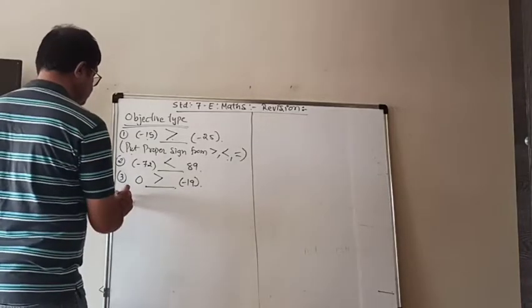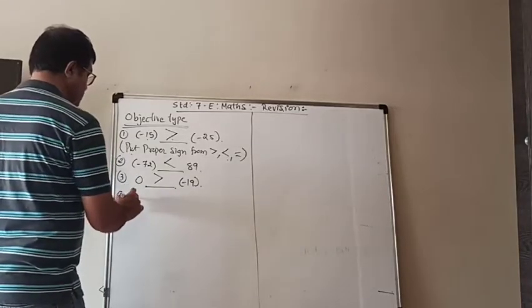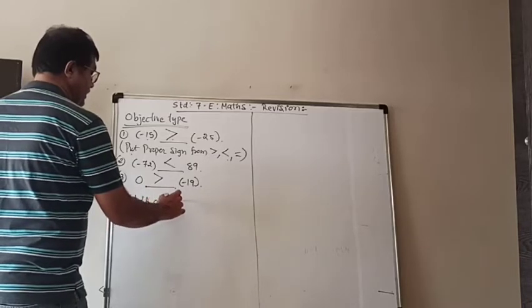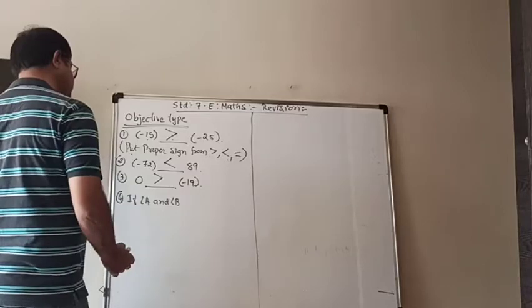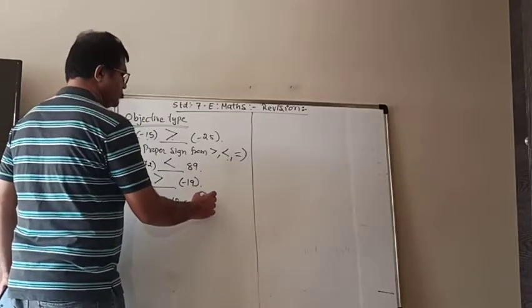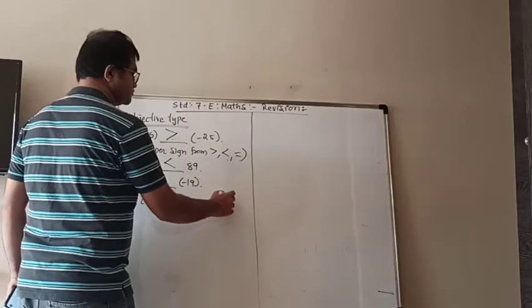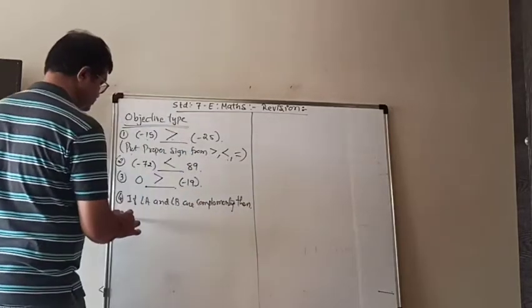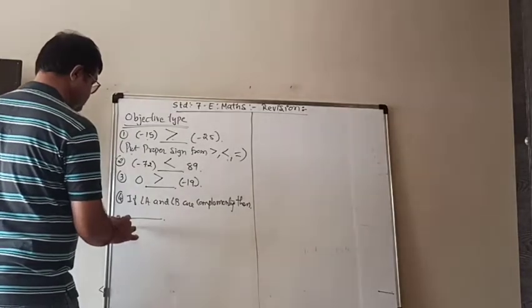Next one: if angle A and angle B are complementary, then blank.